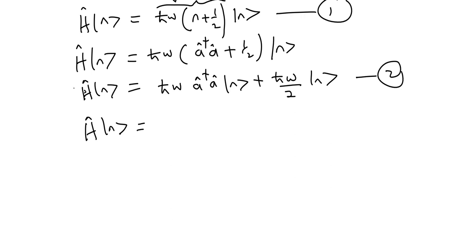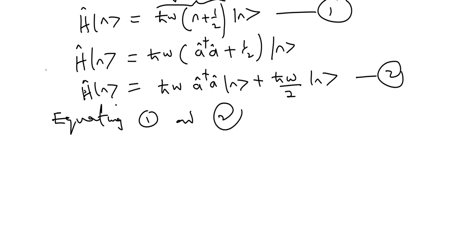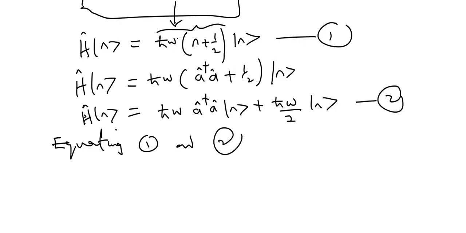So let's equate equations 1 and 2. In equation 1 we had the Hamiltonian acting on the eigenstate |n> giving ħω(n + 1/2)|n>.